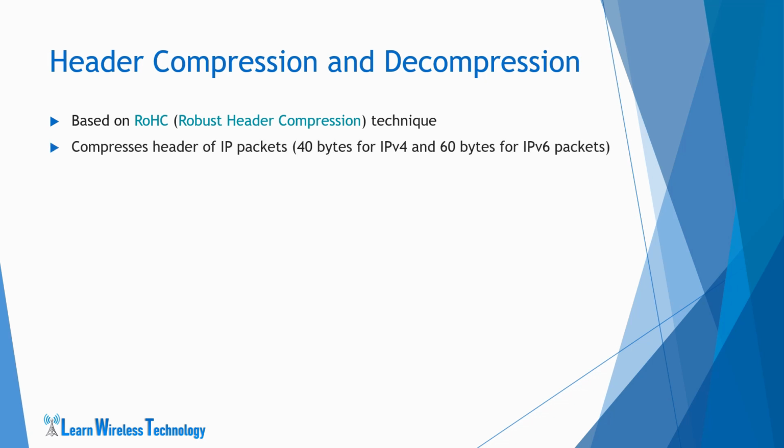The size of header of an IPv4 packet is usually 40 bytes, and an IPv6 packet has header size of 60 bytes. Now, this size cannot be considered significantly huge for applications such as file transfer or browsing, as the 40 to 60 bytes of header won't contribute much to the overhead.